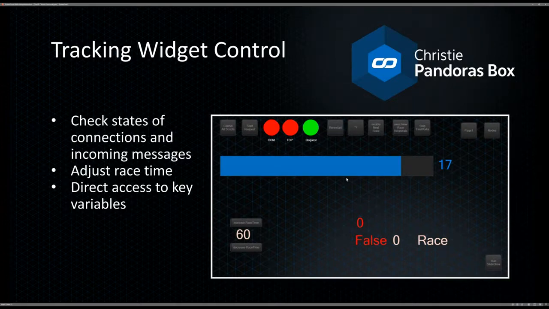I was able to use just the control, which is then connected to that Wi-Fi, to have instant access to these key features here, like stopping the communication or restarting the communication in case something happened. It went very stable though. I was really impressed how stable it worked. Yeah, just race time, direct access to key variables. I think I hit all of those, and of course, all the connections there.